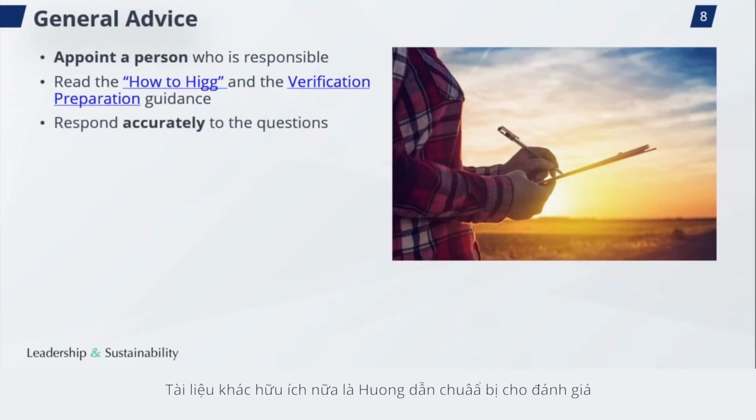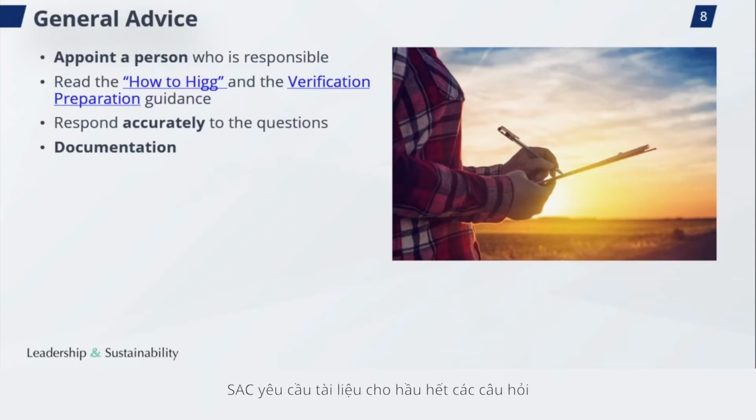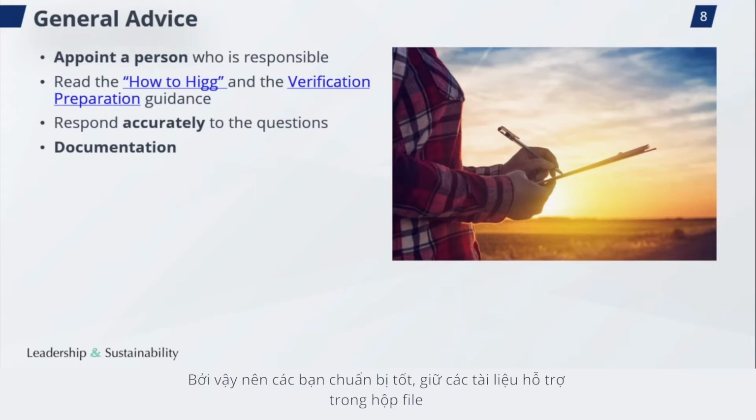And then you respond accurately to all questions, comprehensively, and you also document all responses. SAC requires documentation proof for nearly all questions. The SAC guidance on how to verify, the How to Higg guidance, is very strict regarding documentation. So please make yourself prepared and collect all your documentation and keep it also on your own file.